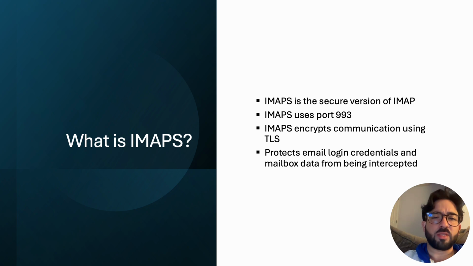It also helps prevent man in the middle attacks because the server presents a certificate that must be trusted by the client. So, in simple terms, IMAPS is the secure version of IMAP. Same functionality, same mailbox access, but all the communication is protected end to end.